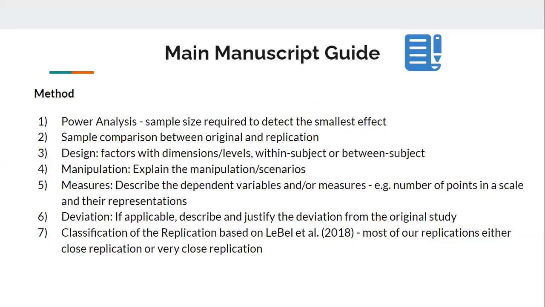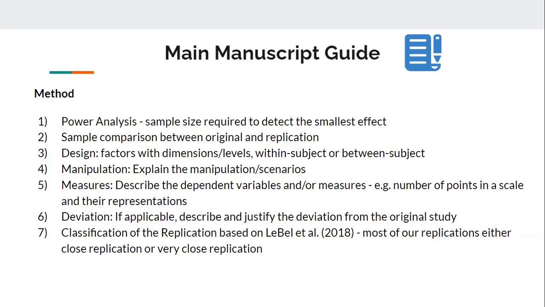Please explain the manipulations and scenarios clearly and specifically with examples. Please describe the dependent variables and measures. Specifically, please state the number of points in a scale and what they represent. What does the upper bound value represent, and what does the lower bound value represent?